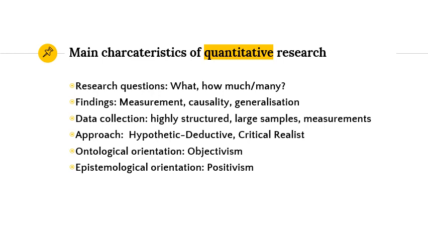And regarding the epistemological orientation, this is the positivist orientation. The epistemological orientation is going to tell us how we know what knowledge is valid.